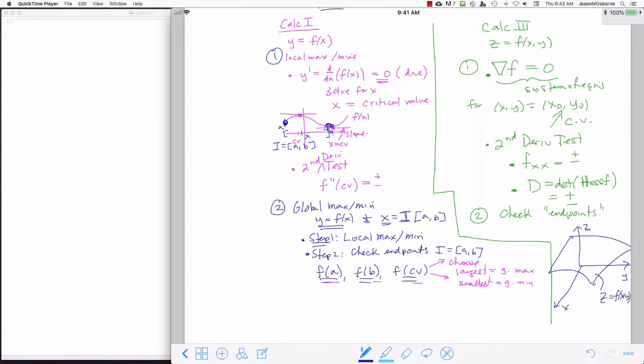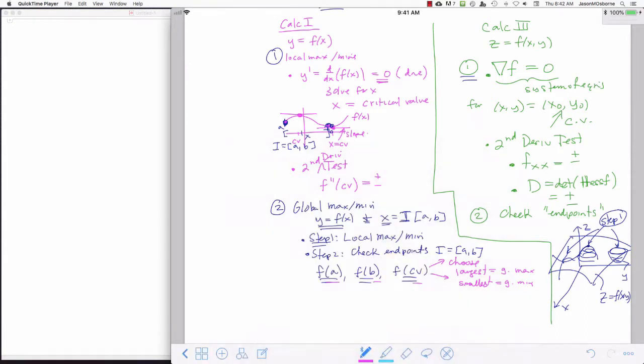And you're being asked to find the local max, so maybe your function looks like a spot like that, maybe over here there's a saddle point, okay, and over here maybe the function has a local minimum, right? So your surface can be doing different things at different points, and that would be how you would find the local max and mins using step 1 as shown above.